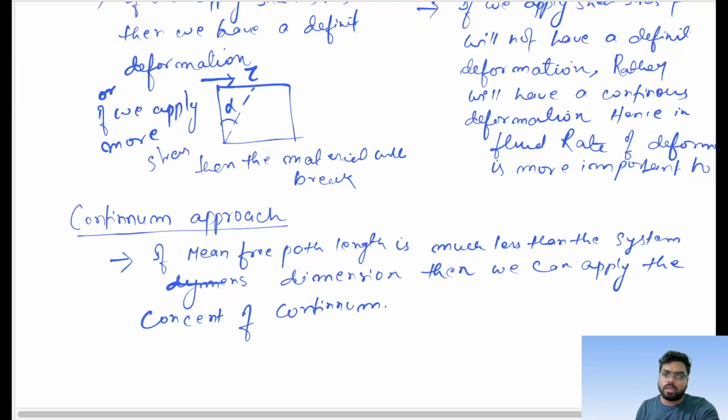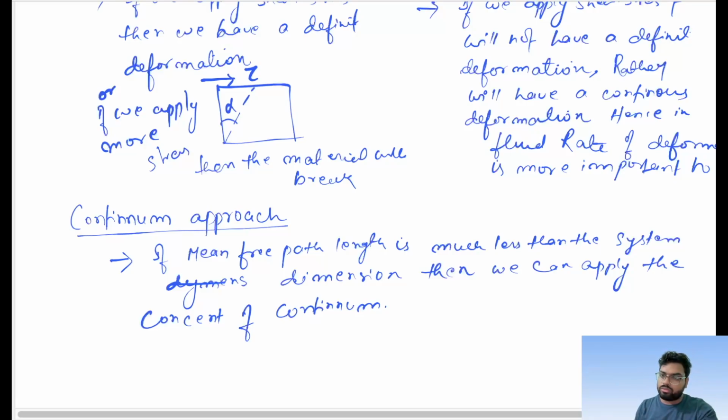That's why if we calculate by continuum approach or macroscopic approach, there will not be much effect of the local variation in parameters due to the molecular randomness. So here we can use the concept of continuum.